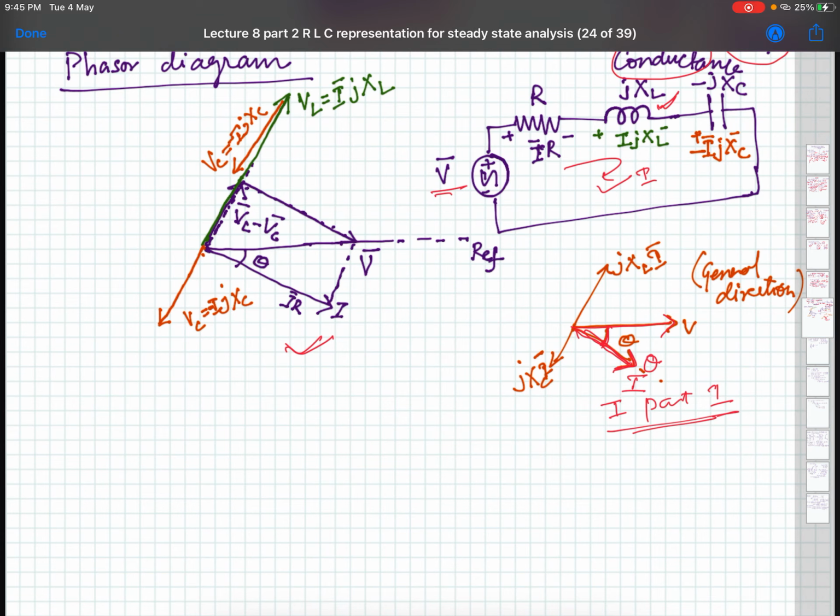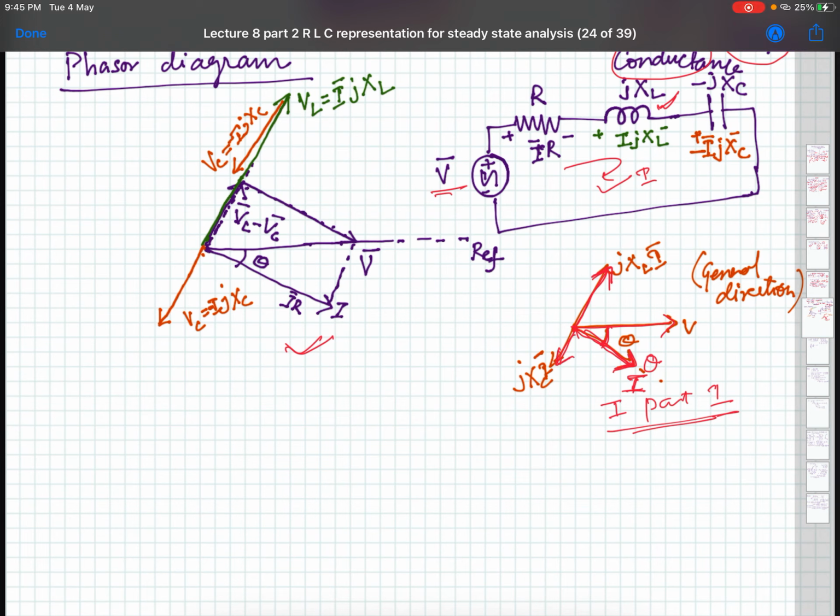then the voltage drop in XL would be at 90 degrees here, 90 degrees going up this way, and if it is in XC, it will be 90 degrees downwards.